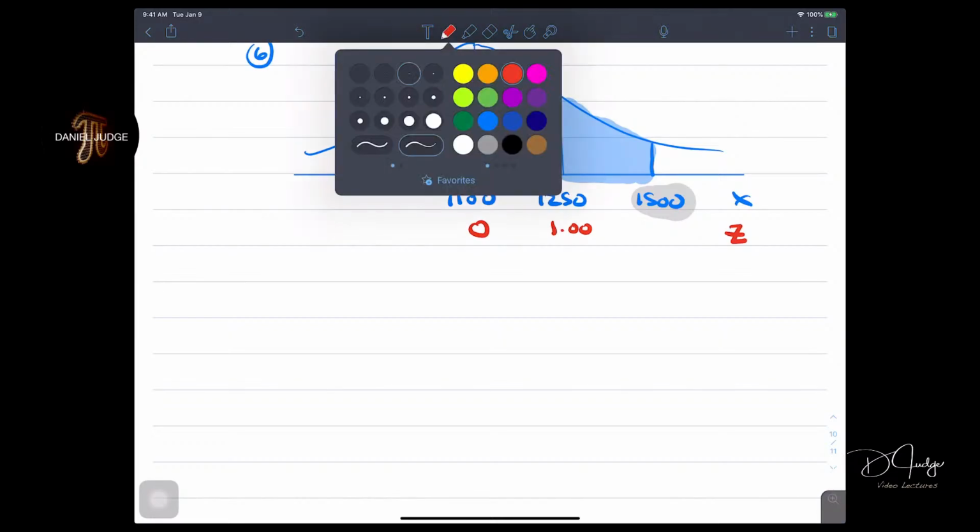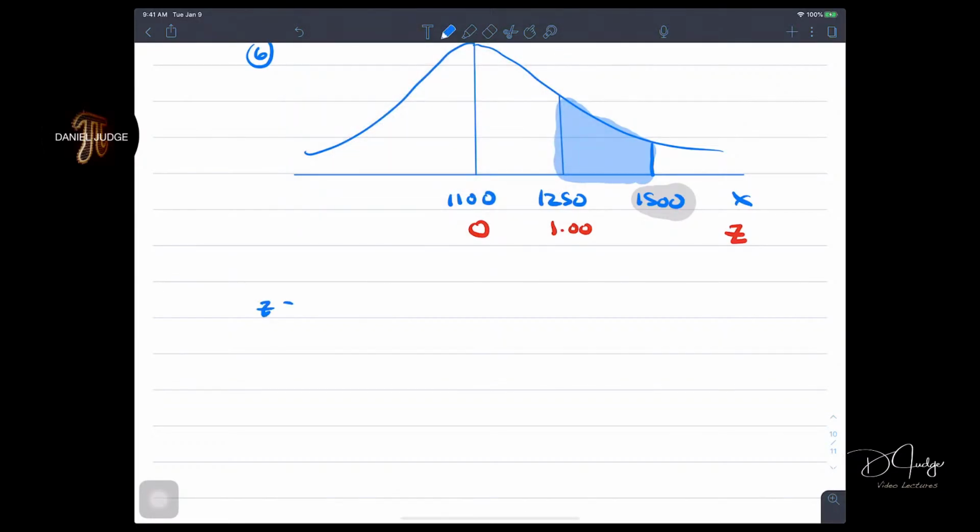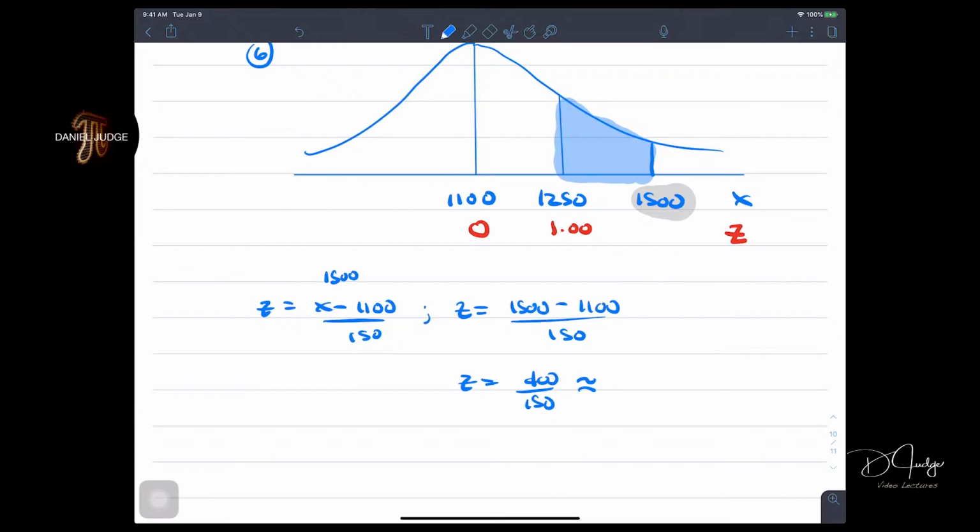So with our conversion formula of Z being X minus 1100 over 150, when we put the 1500 in, that means it's 1500 minus 1100 over 150, which is 400 over 150. Remember, we approximate to the hundredths. What's that Z value? Anybody know?